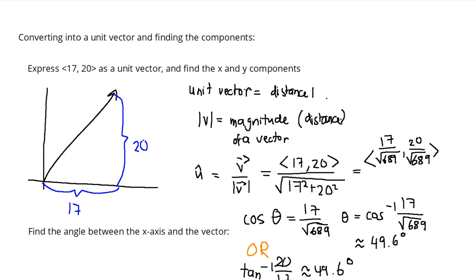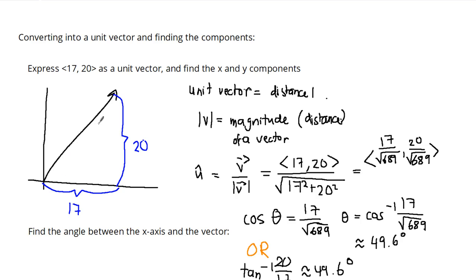So we have to express 17 over 20 as a unit vector and find a component. This is a little bit, I didn't really give you any formula, I did give you an example. The magnitude of a vector is found by finding the distance of the vector.